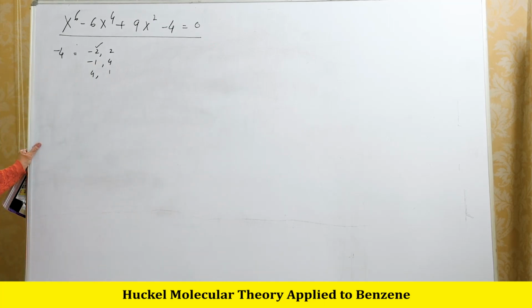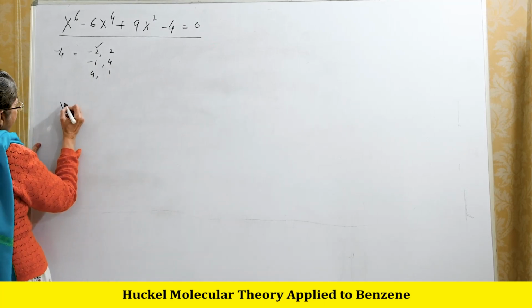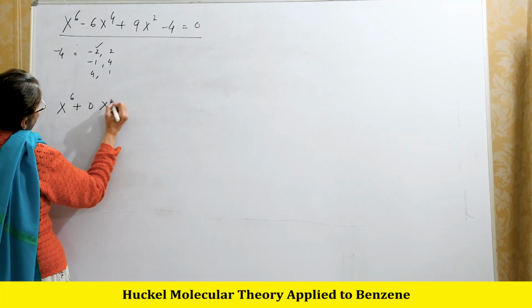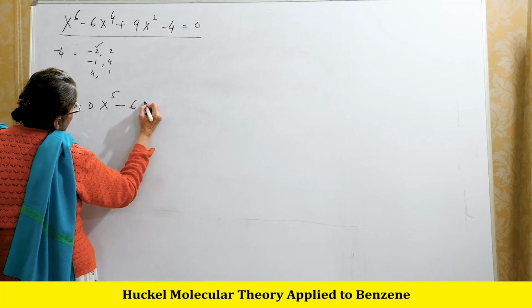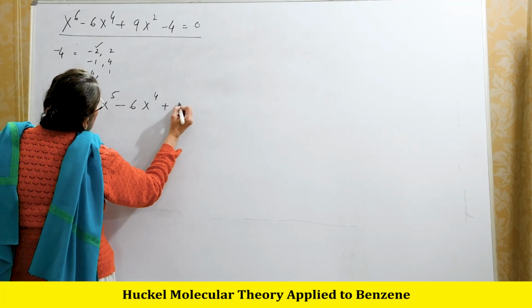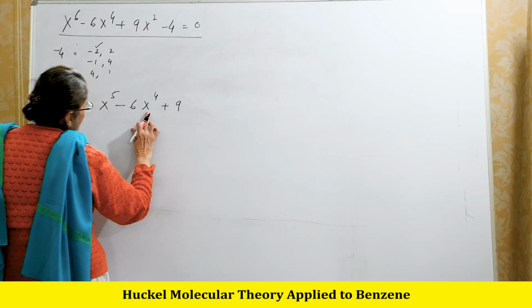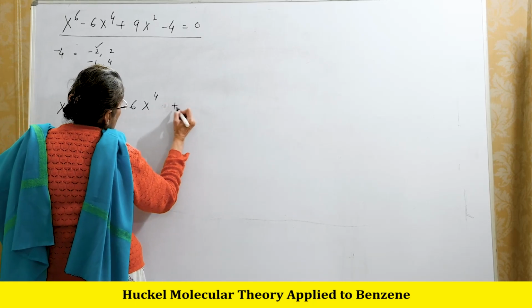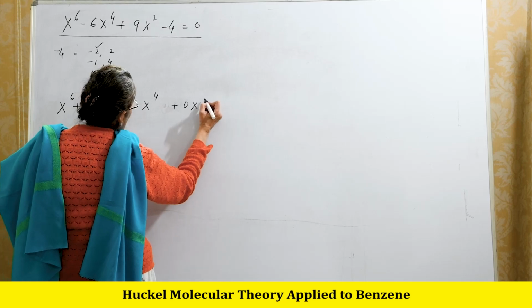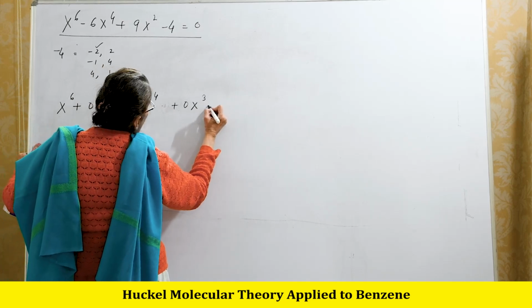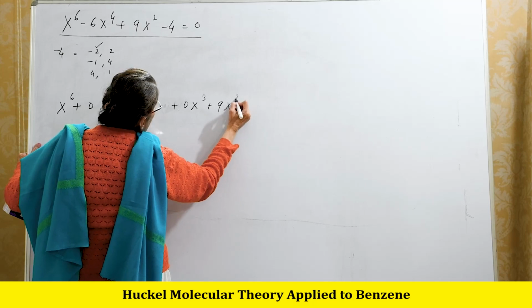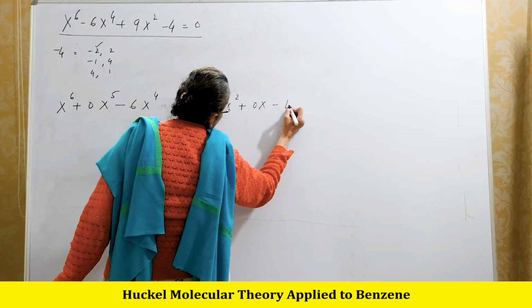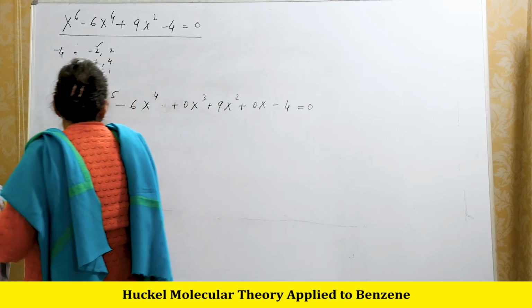with missing powers, just x^6 plus 0 x^5 minus 6x^4 plus 9 x^4 plus 0 x cube plus 9 x square plus 0 x minus 4 is equal to 0.